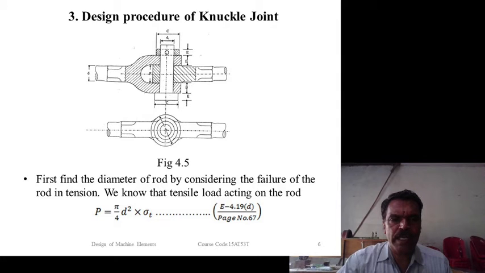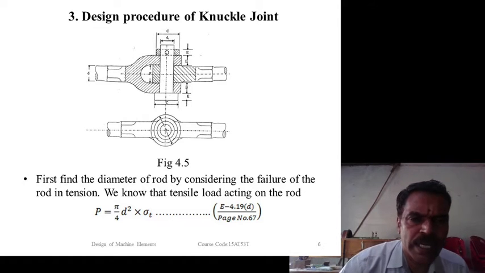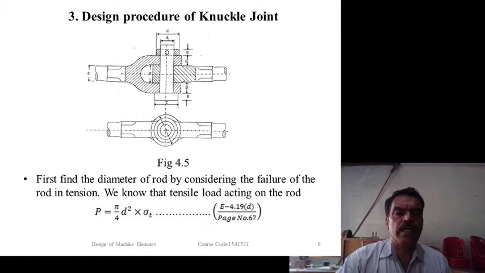Here sigma t means tensile stress, d is nothing but the diameter of the rod, and P is nothing but the tensile load. So by using this formula we can calculate the d value.